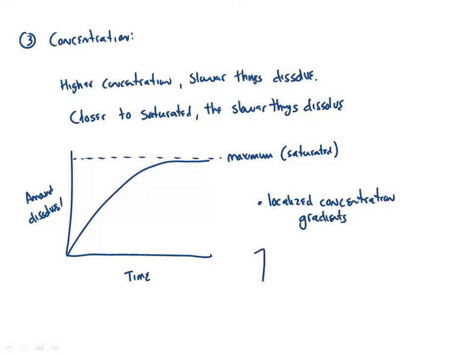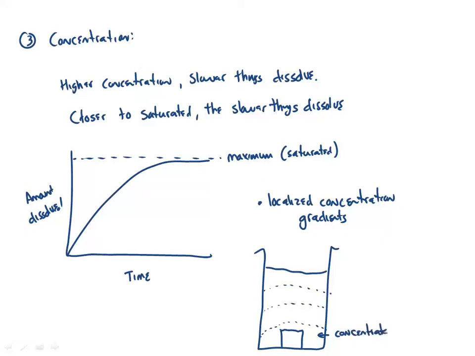And so what we're saying is that if I have a lump of solid in my liquid, then as it's dissolving, there's kind of layers in there where it's concentrated, and way up here it's kind of dilute.